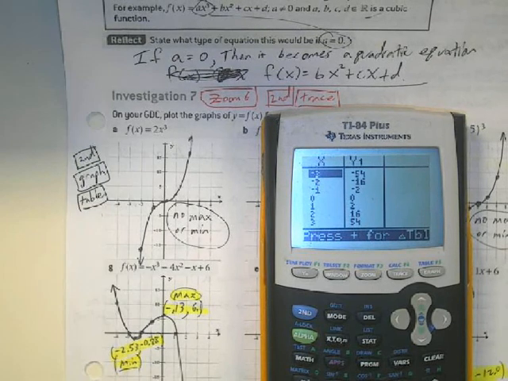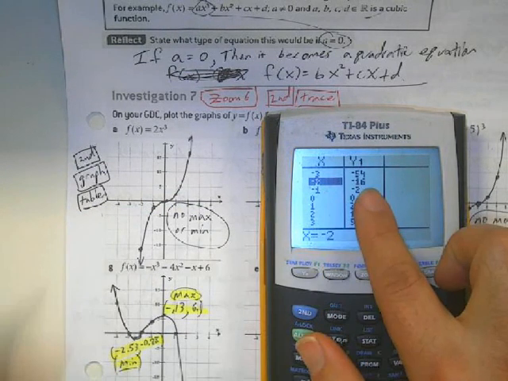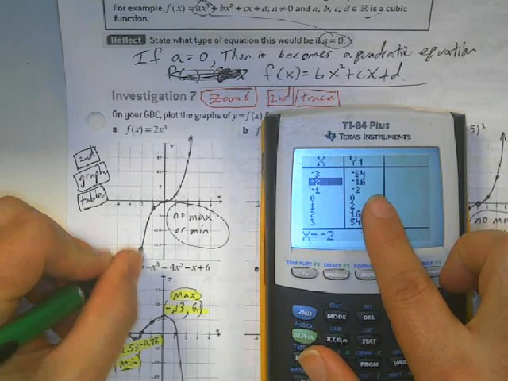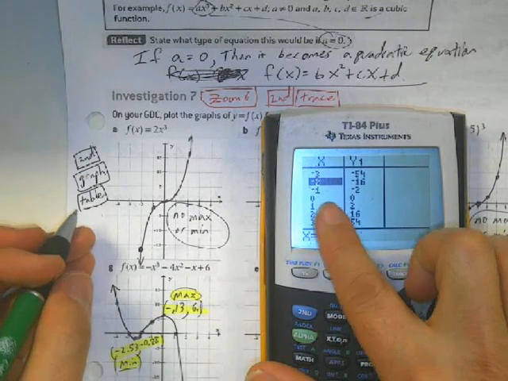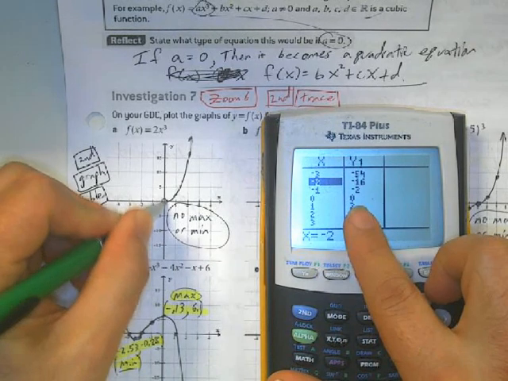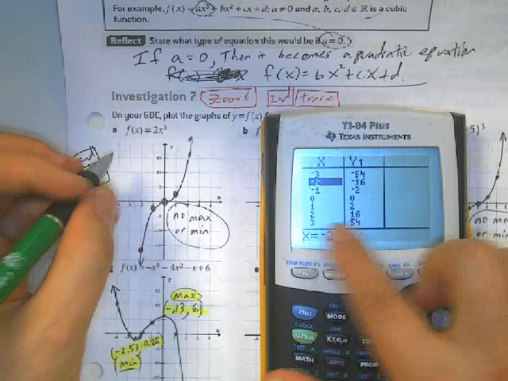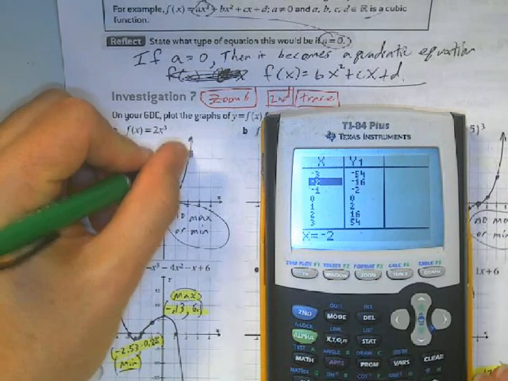Okay, and that gets me these points here. At -2, -16, I have this point here. At -1, -2, I'm right about there. At 0, 0, I'm right there. 1, 2, I'm about there. And 2, 16, I'm about right there.